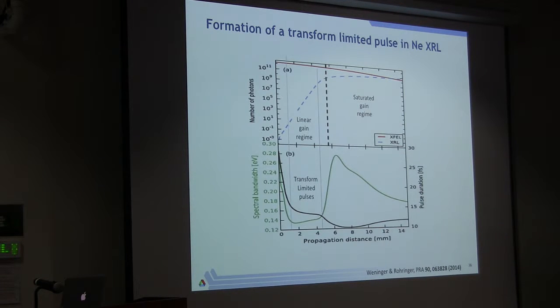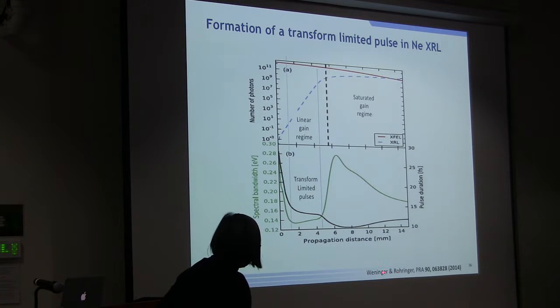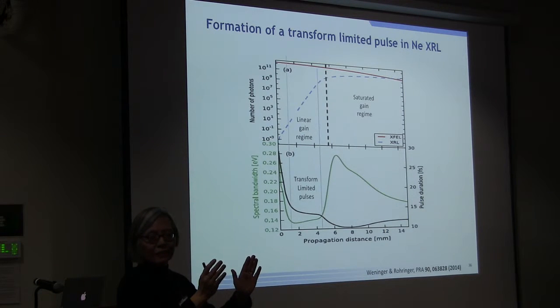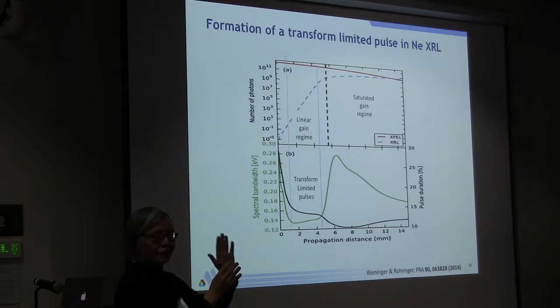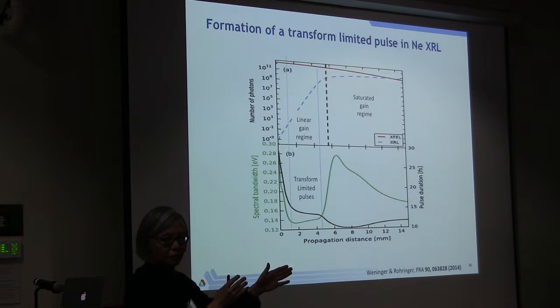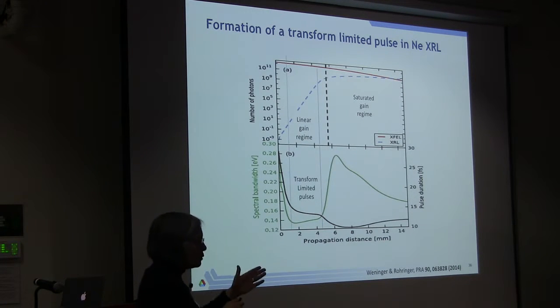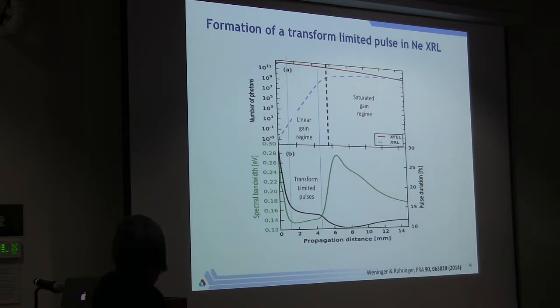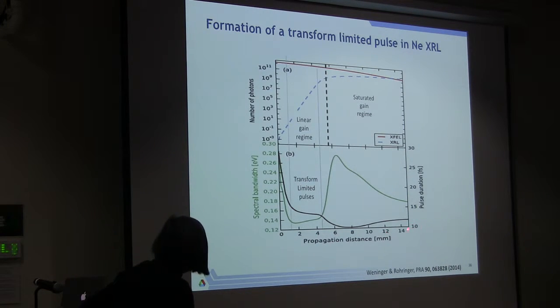So later on, she and her student, Clemens Wenninger, actually calculated more. What did you actually measure in this? You measured the pulse energy and the bandwidth, but you couldn't really measure the bandwidth because that was limited by your apparatus. So you have to get that from simulation. She simulated what would be happening as a function of propagation distance for these pulses.